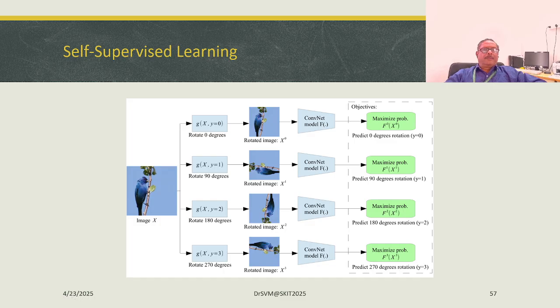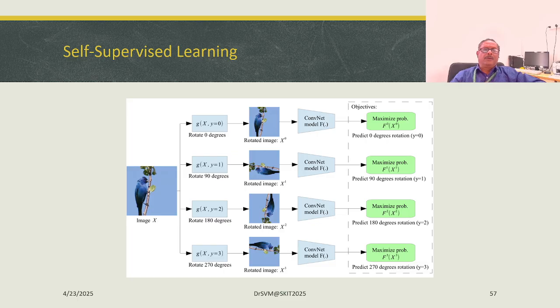The other one we can make use of is self-supervised learning. In the case of supervised learning, we have a problem of labeled data. Having a sufficient number of labeled data may not always be possible. Therefore, what we can do is take a small set of available data and make some changes to this data, and each changed data becomes a new data.